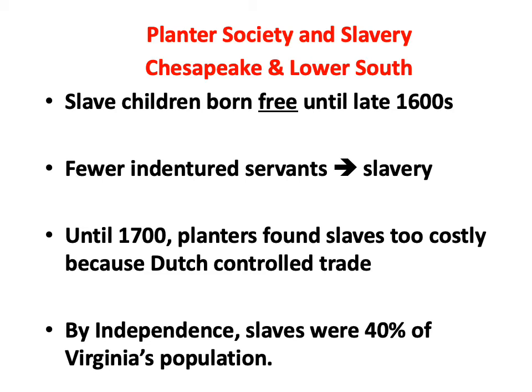And so what you see is by independence in the 1770s, slaves increased significantly in southern plantations, and they were over 40% of Virginia's total population, and even more in South Carolina.